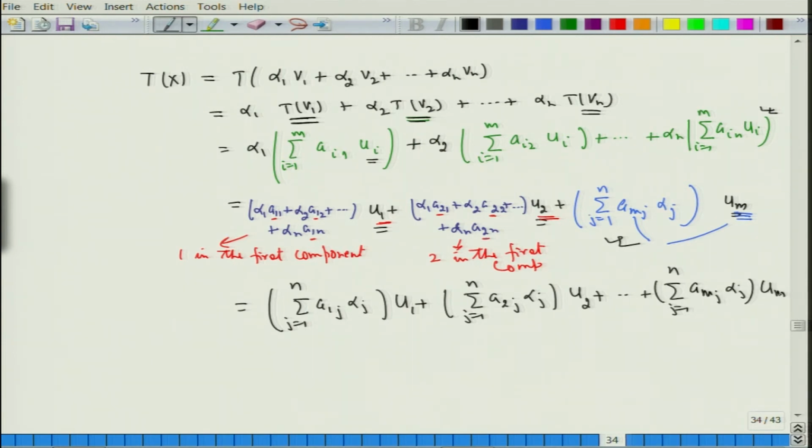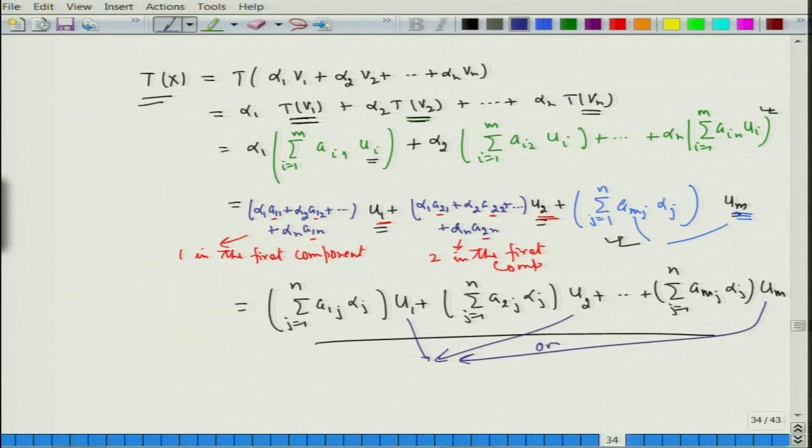Fine. So once I have got T of x here as this, now what are these? These are elements of the ordered basis of W. Fine.